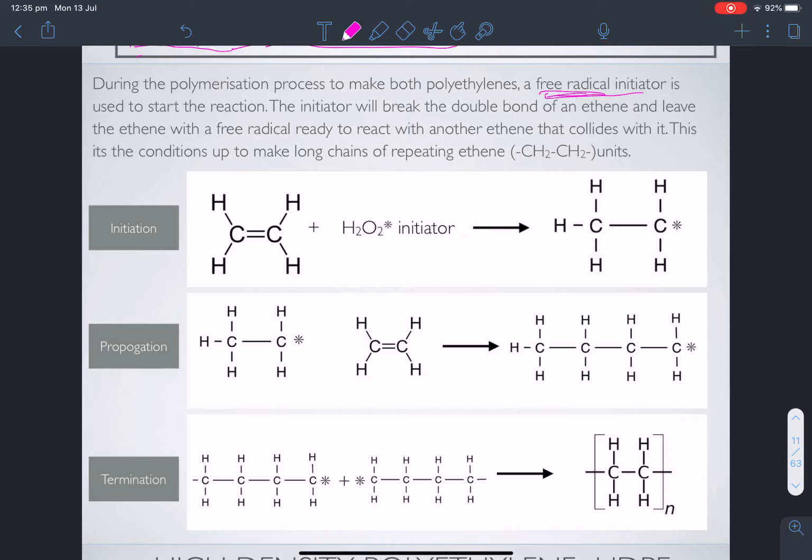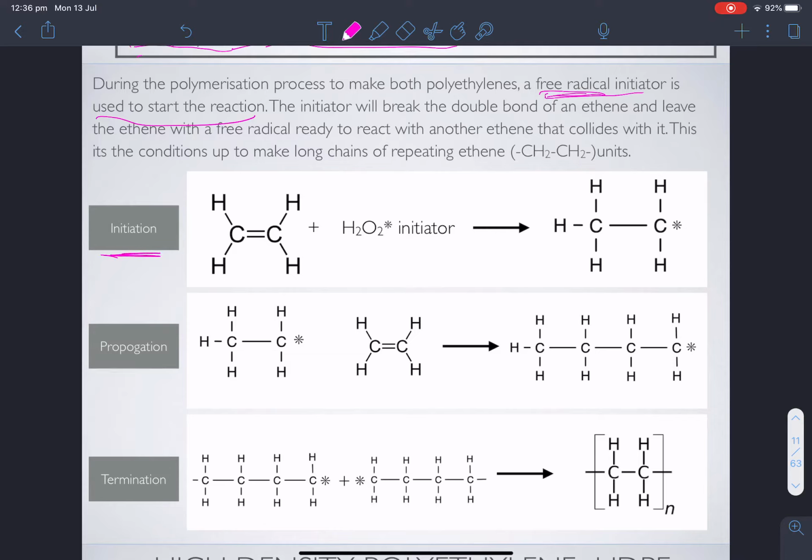Very reactive. And it's used to start the polymerization reaction. This initiator will break the double bond of an ethene and leave the ethene with a free radical. So the free radical initiator breaks the bond, makes whatever's left over into a radical, and then that keeps on reacting away. And what ends up happening is you get a chain.